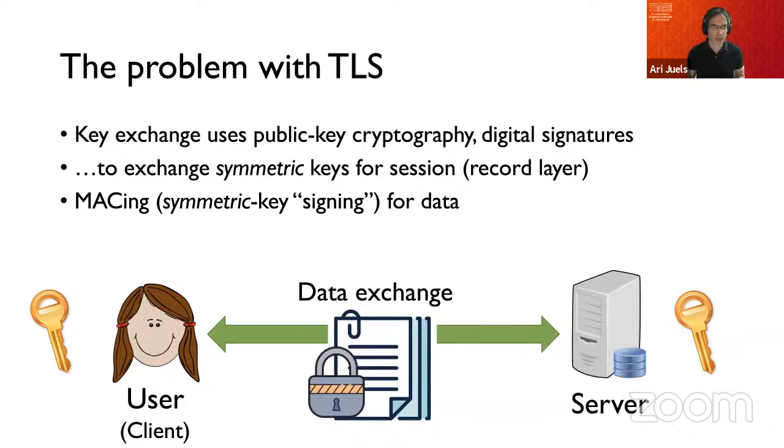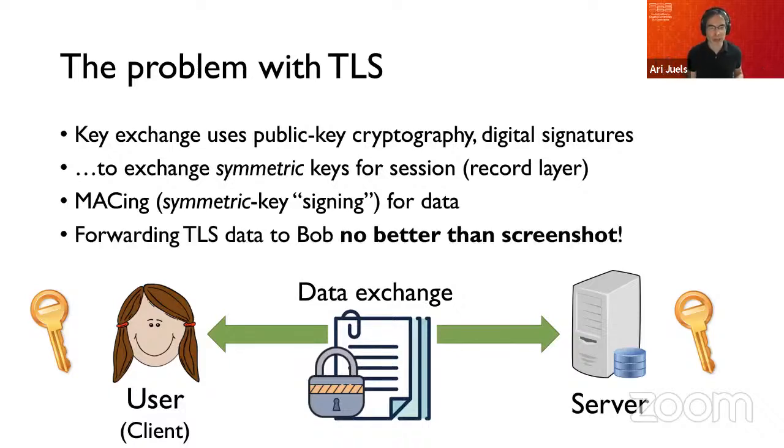For example, to ensure integrity, the data may be MAC'd. There may be a message authentication code, a symmetric key signature, attached to the data. And this effectively means that Alice is equally able to create valid looking data on this channel as the bank is. So forwarding TLS data to Bob is basically no better than a screenshot, because we can't take advantage of the security in this secure channel.